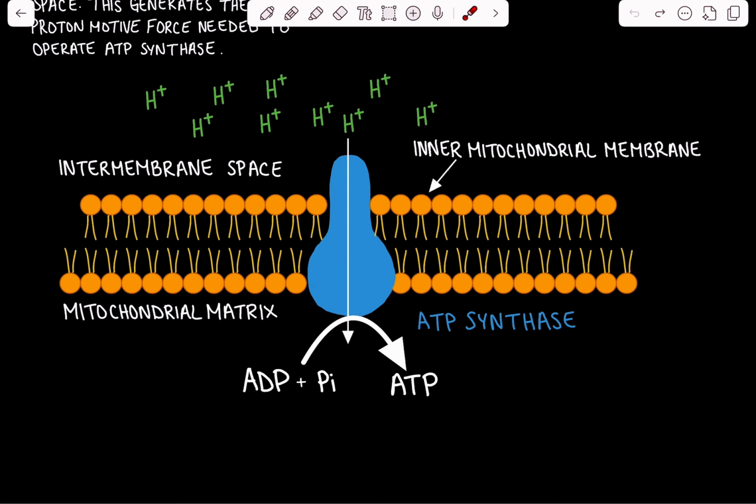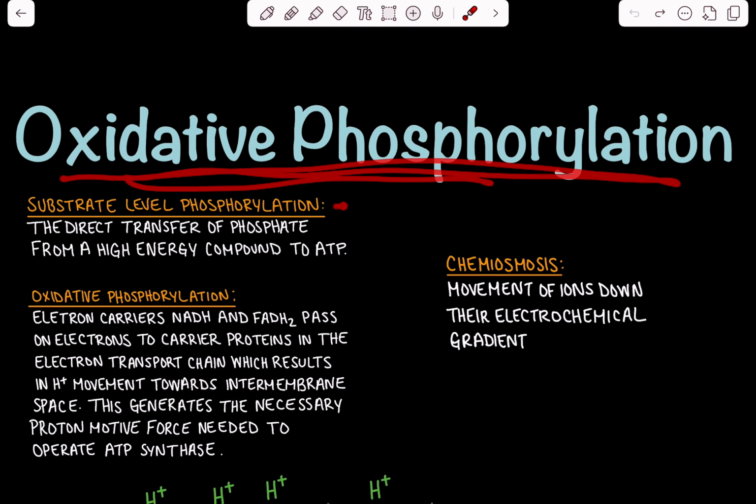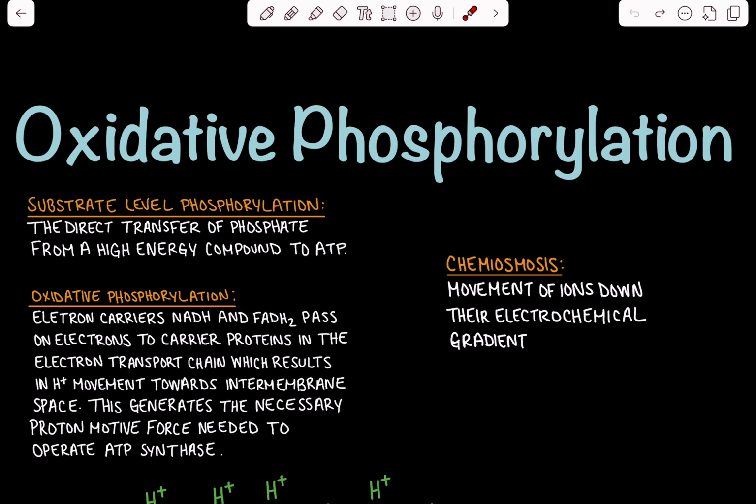Now, the purpose of this video is to understand that this is oxidative phosphorylation and it's not substrate level phosphorylation. Remember that during glycolysis, we discussed substrate level phosphorylation, and that is the direct transfer of a phosphate group from a high energy compound to ATP.